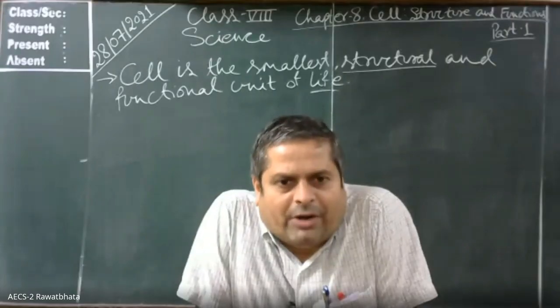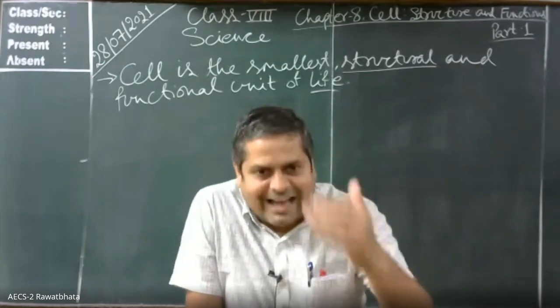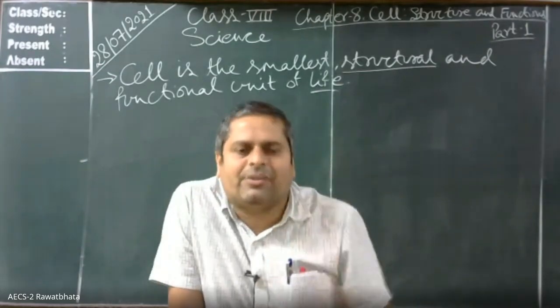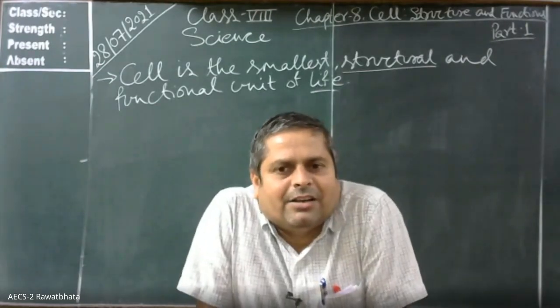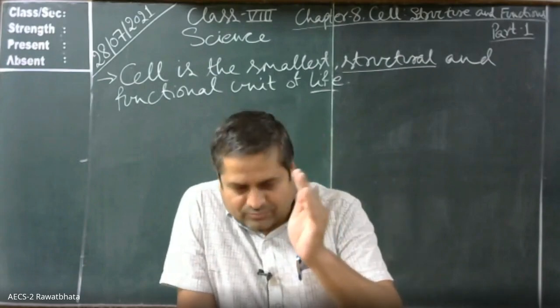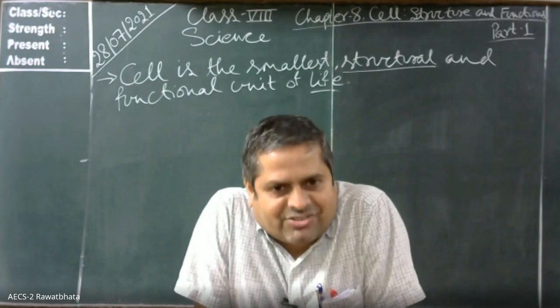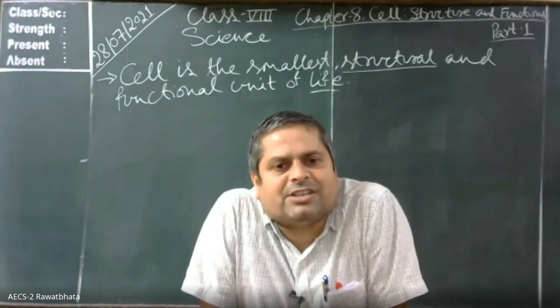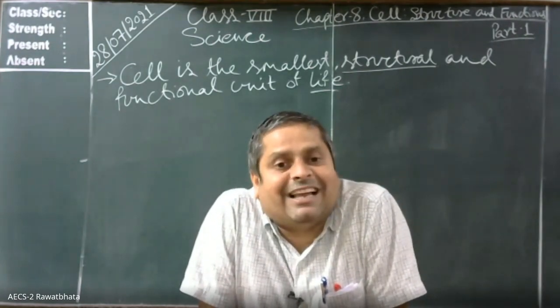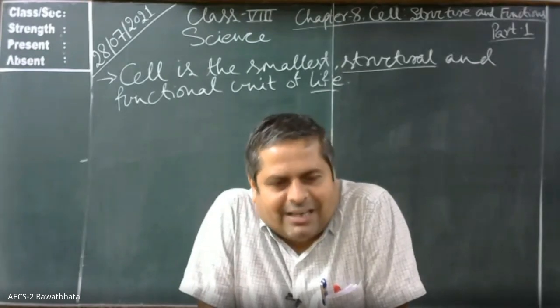So Robert Hooke took a magnifying glass and observed slices of cork under it, and he observed compartment-like structures, which he called cells.